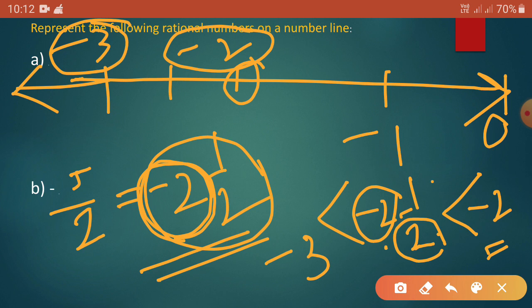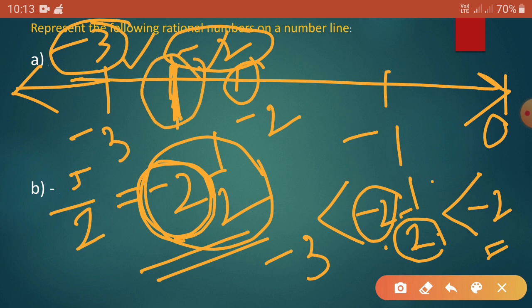If we cut at the middle, we will have the two parts. So this point is minus 2, this point is minus 3, and this point is 1 by 2, because we are dividing this segment into two parts, so the denominator will be 2.